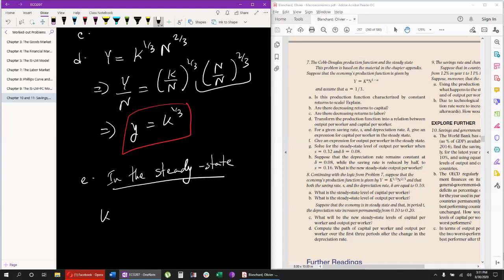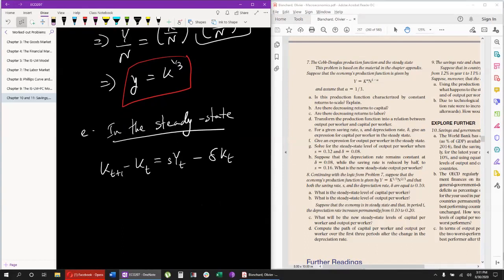We have seen this k_{t+1} minus k_t is equal to s y_t minus delta k_t. And of course, we know what y_t is. So I can just write s k_t to the power 1/3 minus delta k_t.